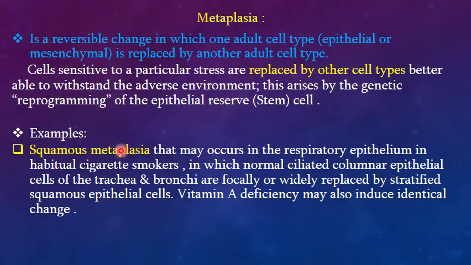It's called squamous metaplasia, due to the irritant effect of the cigarette smoke. So these ciliated columnar epithelial cells are replaced by stratified squamous epithelial cells in order to combat and withstand this abnormal, adverse environment caused by the irritant or toxic effect of the cigarette.